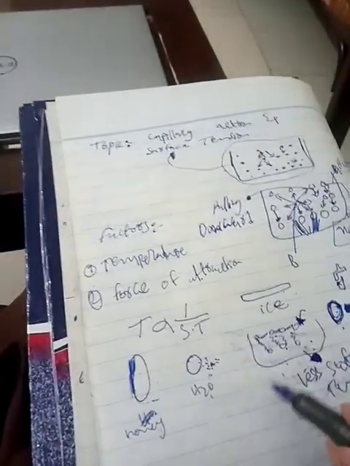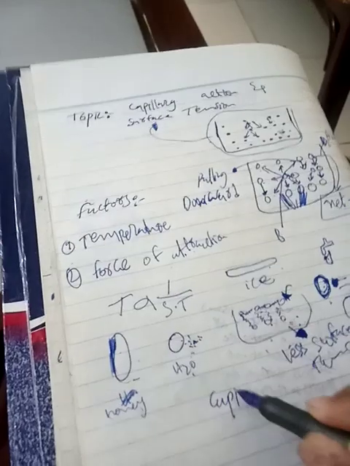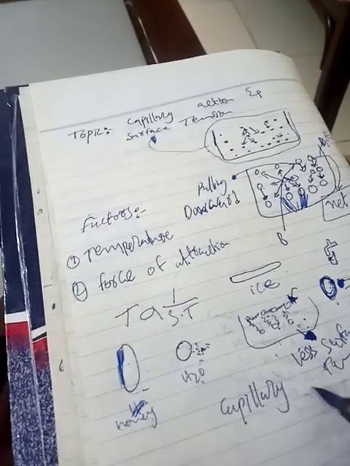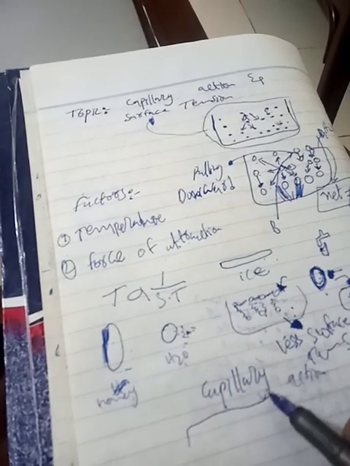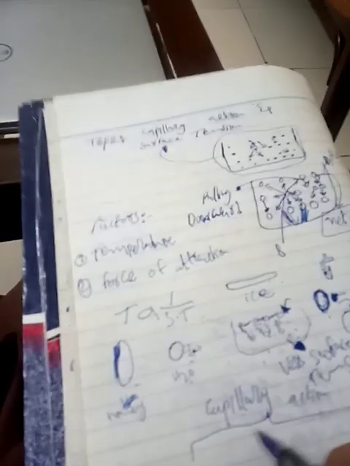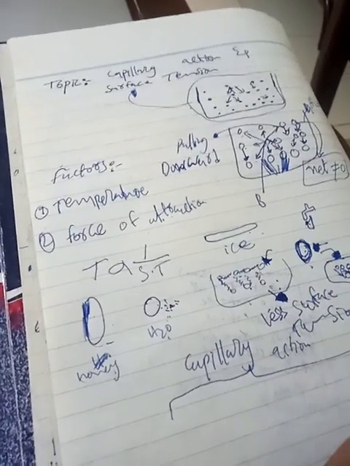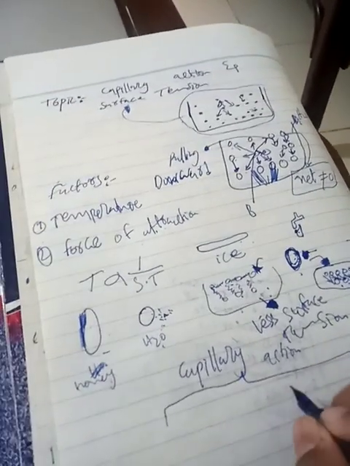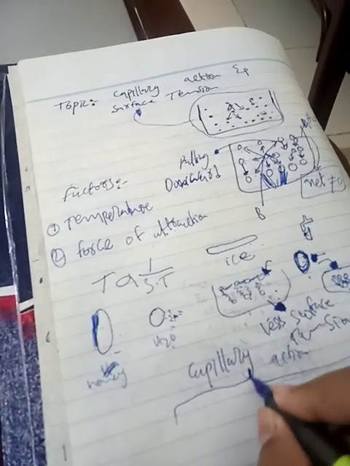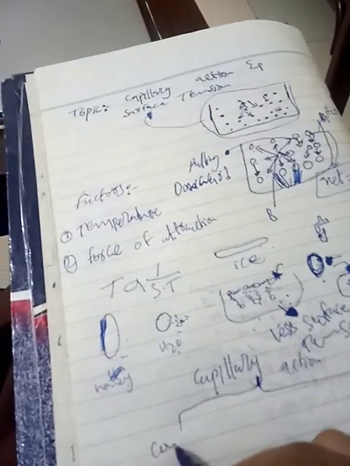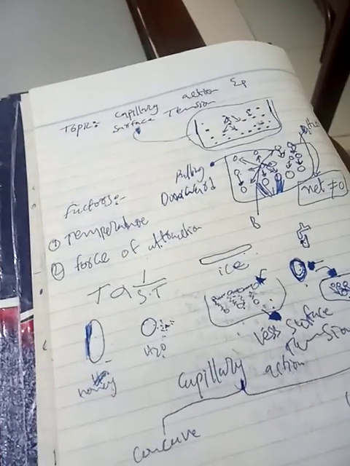Okay, so now let's look at the second topic, which is capillary action. Here we have the meniscus form in a tube-like structure, which has two types of shape: concave meniscus and convex meniscus.